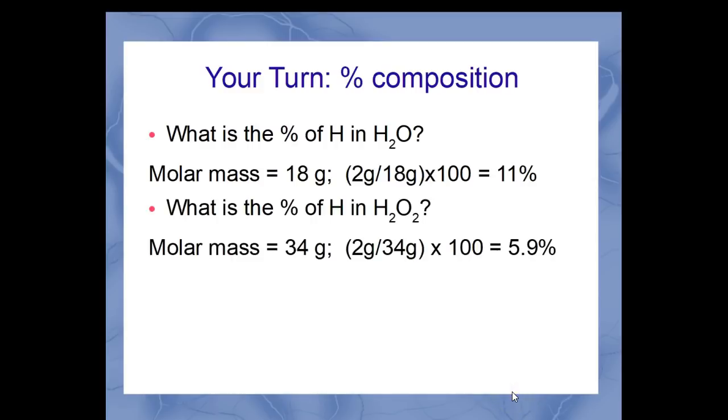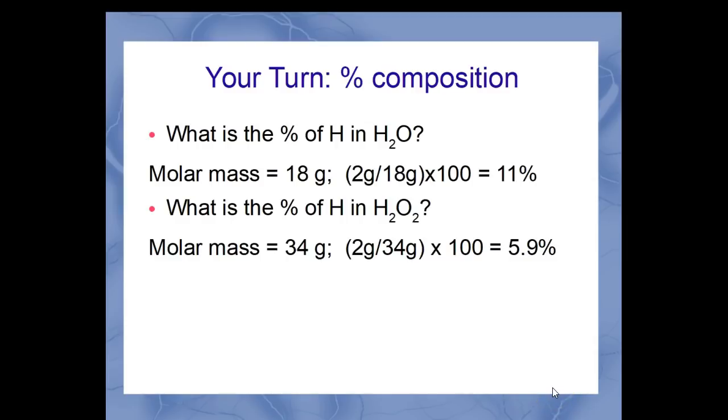We then do hydrogen peroxide, which, remember, when it reacts it gives off oxygen. We add 2 hydrogens and 2 oxygens, we get 34 grams. We then divide the 2 grams of hydrogen by 34 grams of the total compound mass. For the hydrogen peroxide, we multiply by 100 and we get 5.9%.